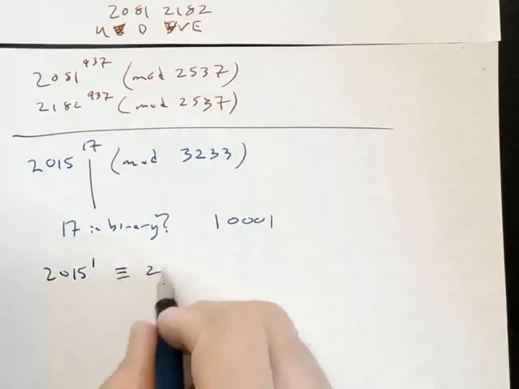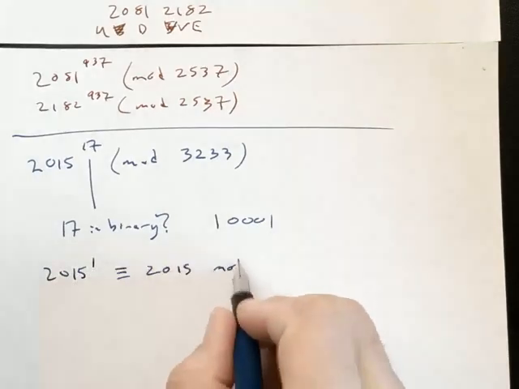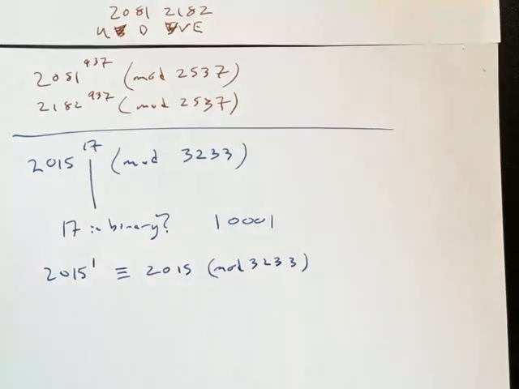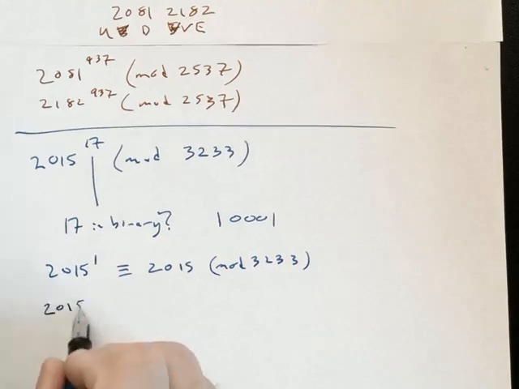These numbers are small enough I can do them on my calculator, but you can still use the website. What is 2015 squared mod 3233?